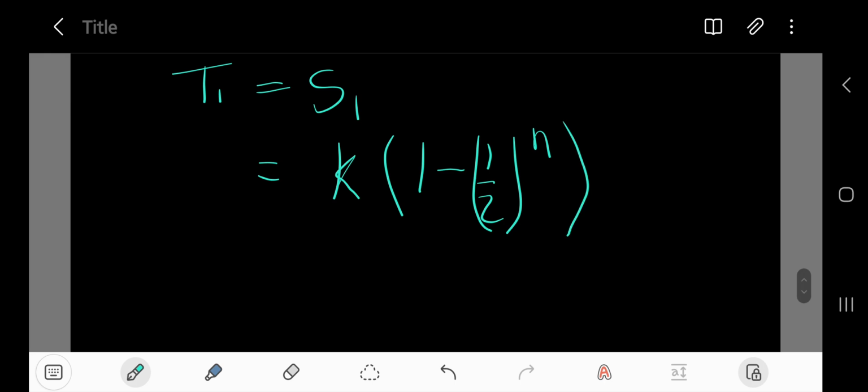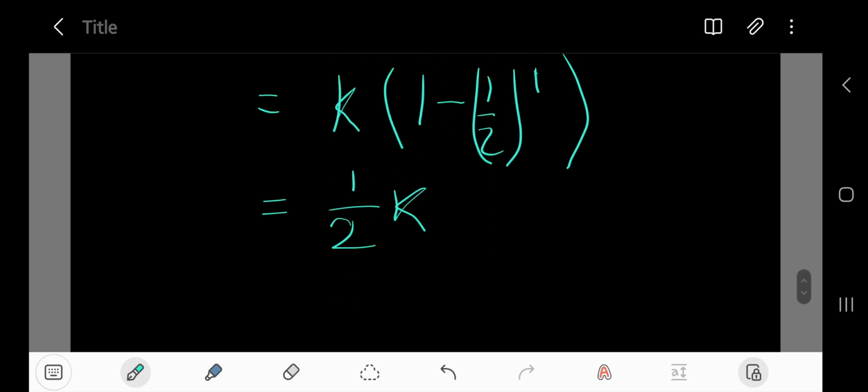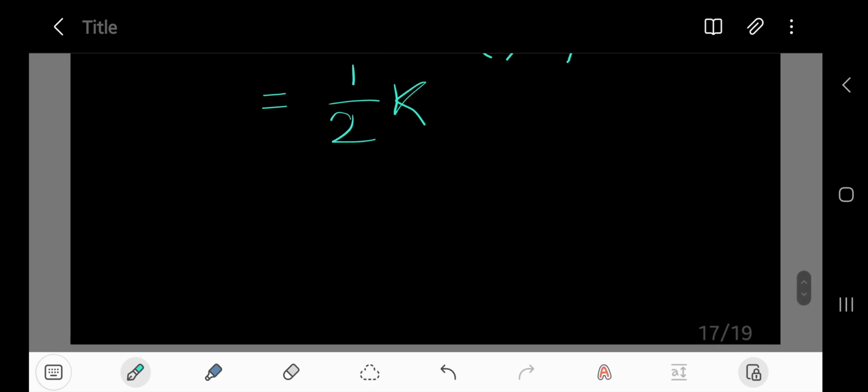But if we're looking for the sum of the first term, our n has to be replaced with 1, because it represents the position of the term. So we get 1 minus a half, which is 1 over 2, so we get 1 over 2 k. That's our first term. We just need to get the second term and then find the ratio, because we've been told that this is a geometric series.